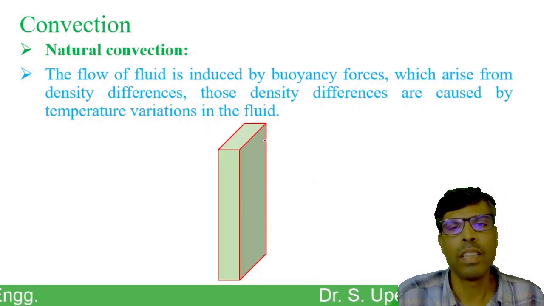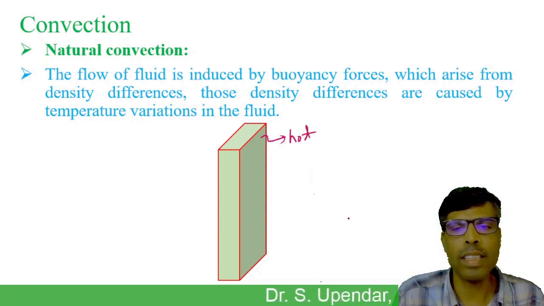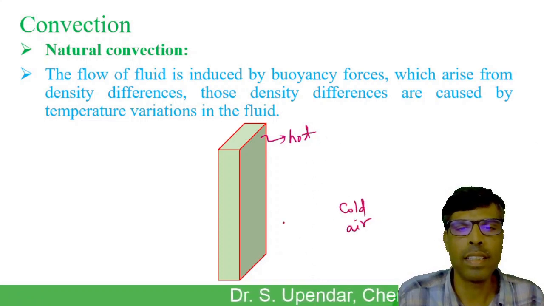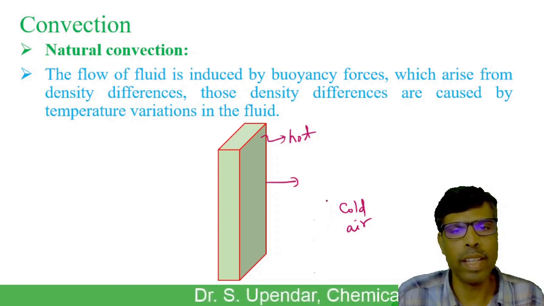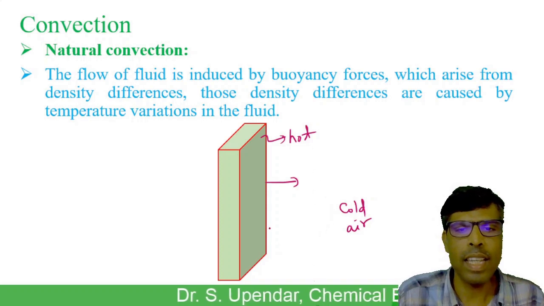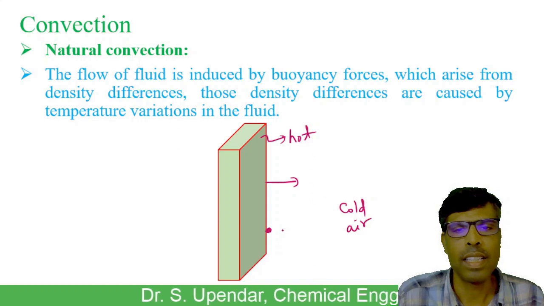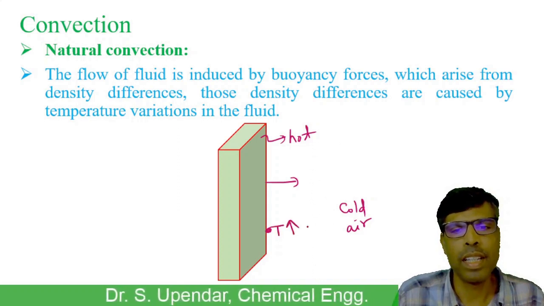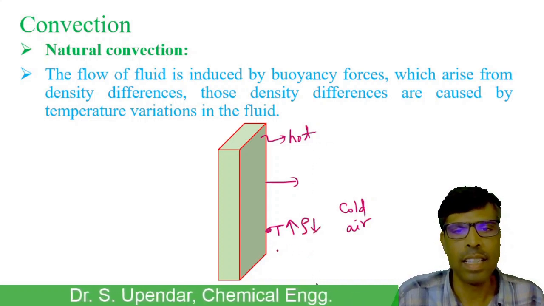For example, if you take a hot vertical flat plate contacting cold air, heat transfer occurs from the hot surface to the cold air. Air adjacent to the hot surface gets heated, its temperature increases and density decreases.